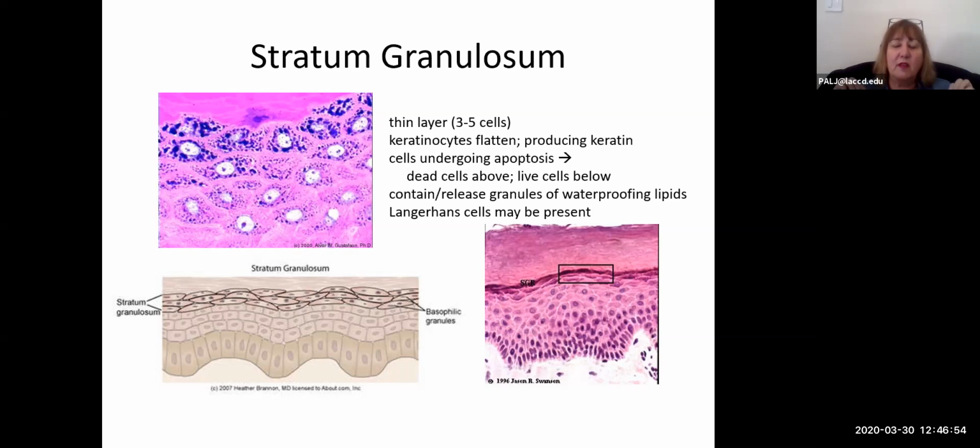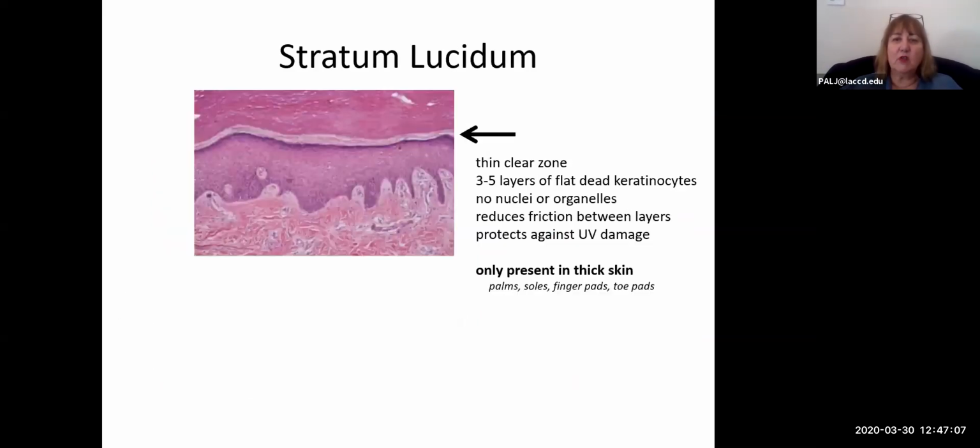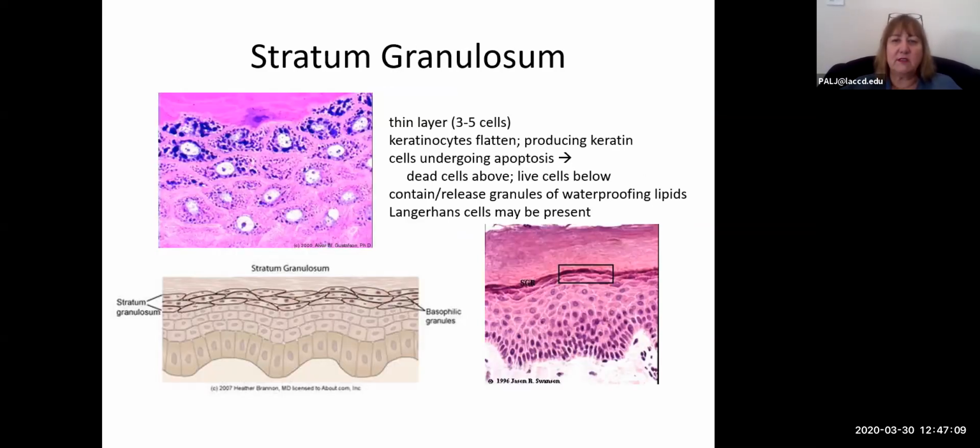They're doing their job, they're making keratin, they're also releasing the granules of waterproofing lipids, but they're also getting chemical messages telling them to undergo cell suicide, a process known as apoptosis, which is written there on that third word, apoptosis, one of those fun words for anatomy.